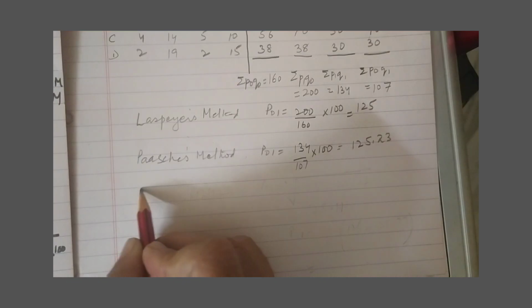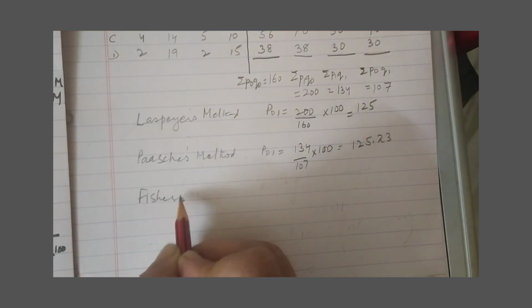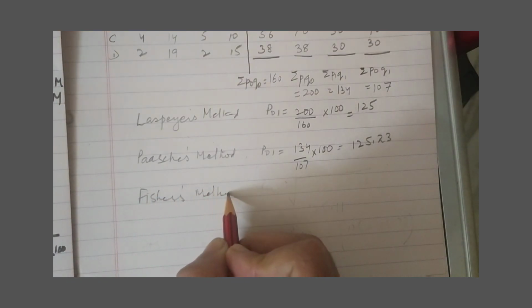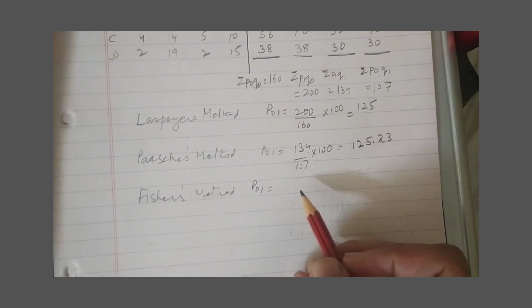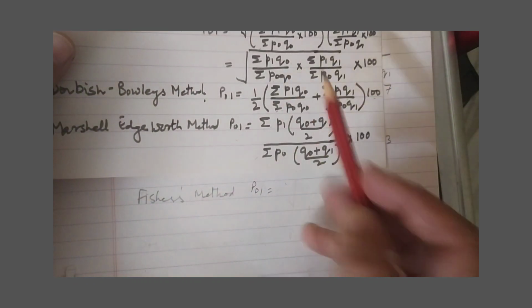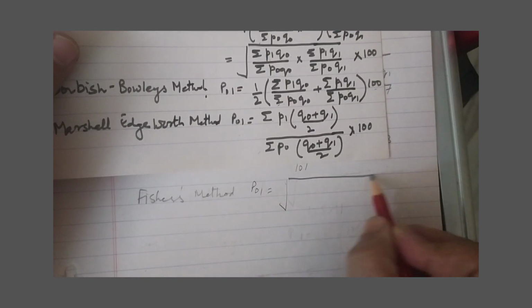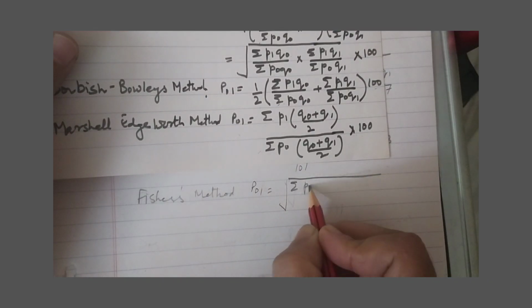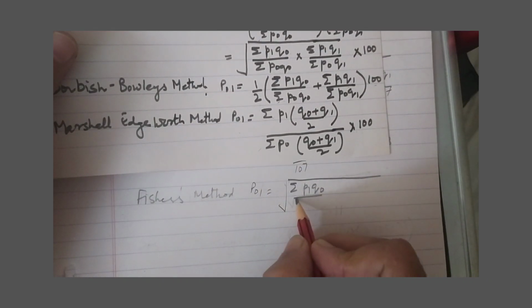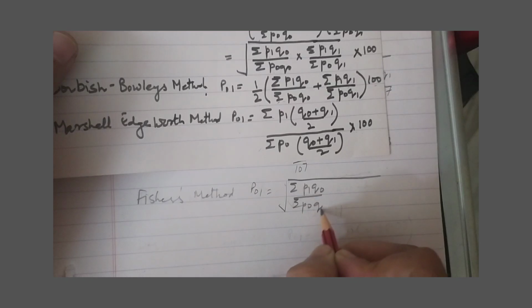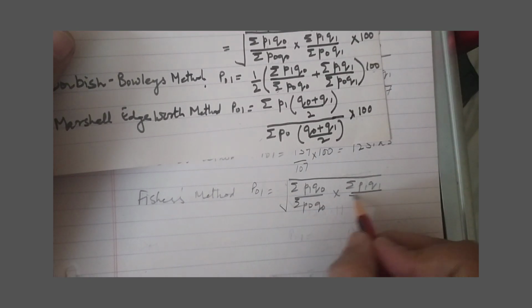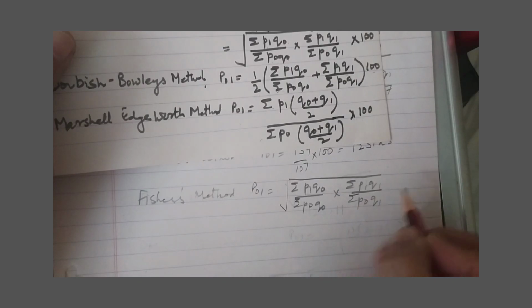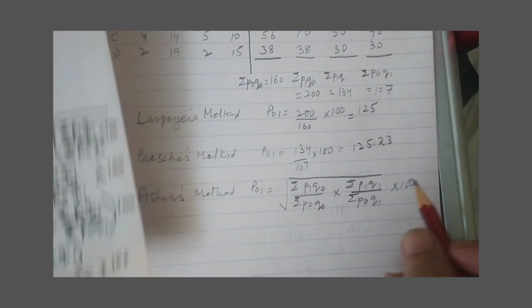So Fisher's method, P01, using this formula: the square root of summation P1 Q0 over summation P0 Q0 into summation P1 Q1 over summation P0 Q1, into 100.